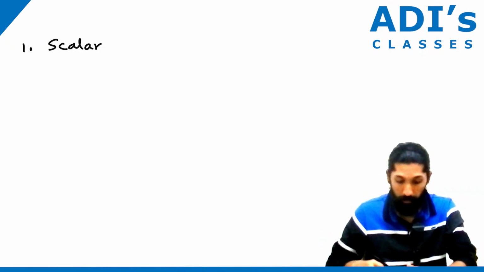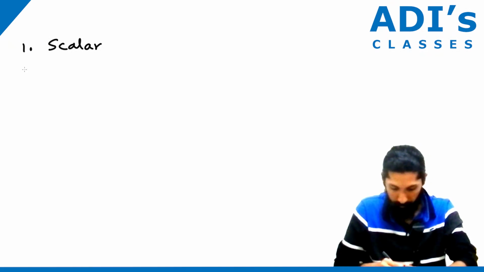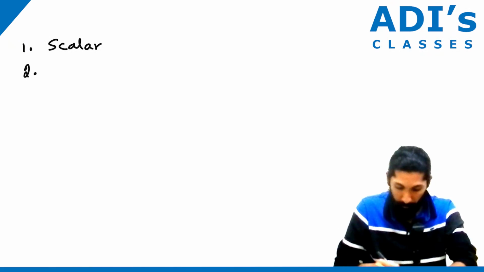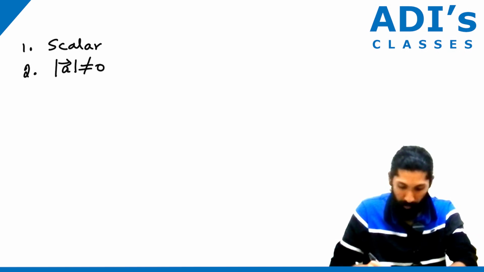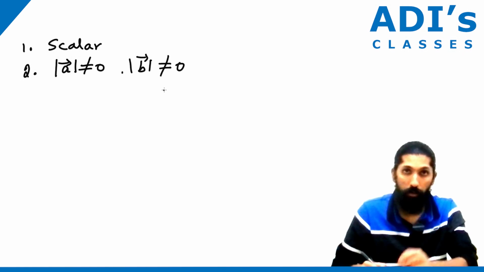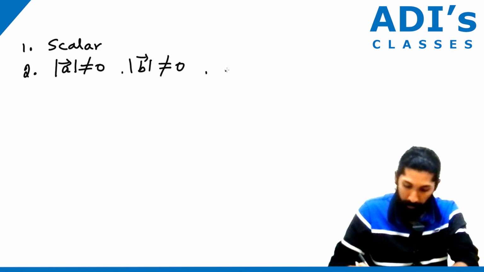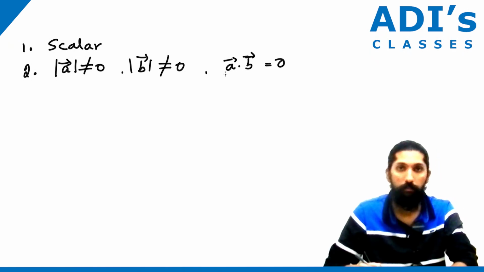The second one: suppose mod of vector A is non-zero and mod of vector B is also non-zero, whereas vector A dot vector B is 0.